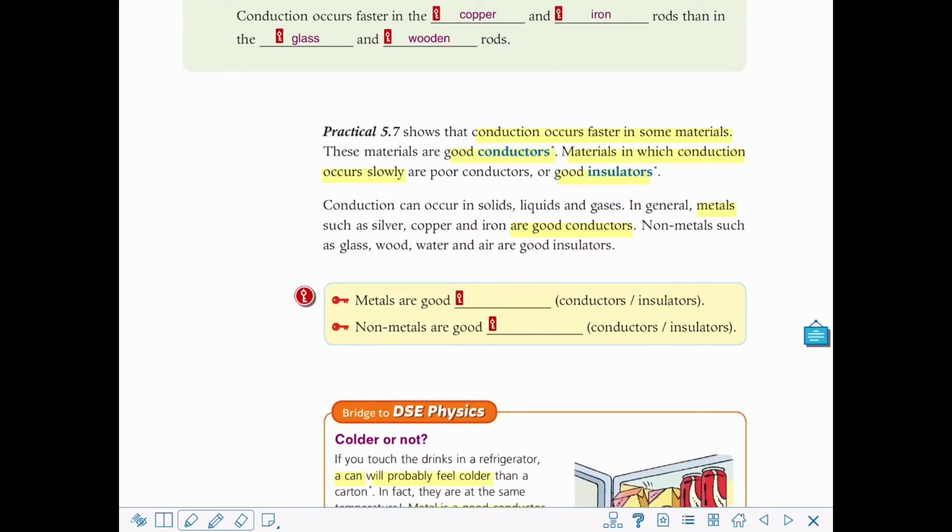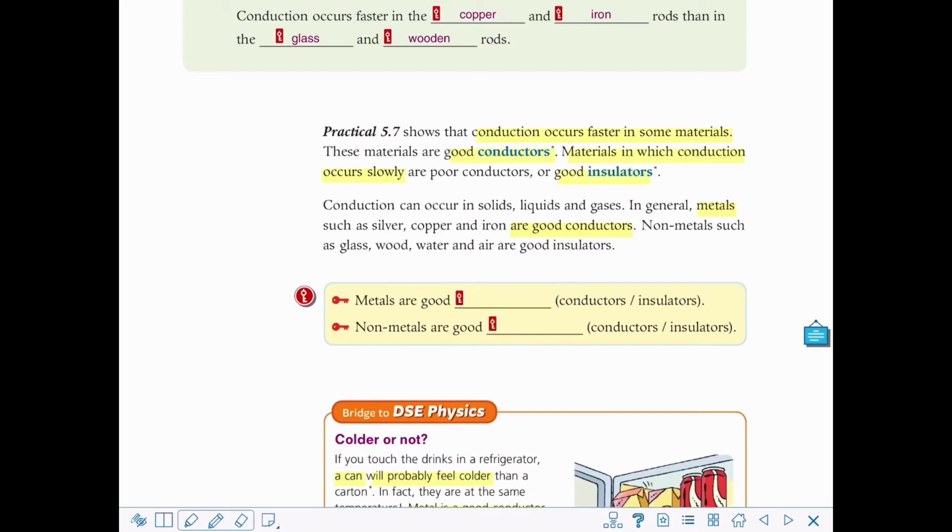Practical 5.7 shows that conduction occurs faster in some materials. These materials are good conductors. Materials in which conduction occurs slowly are poor conductors or good insulators.